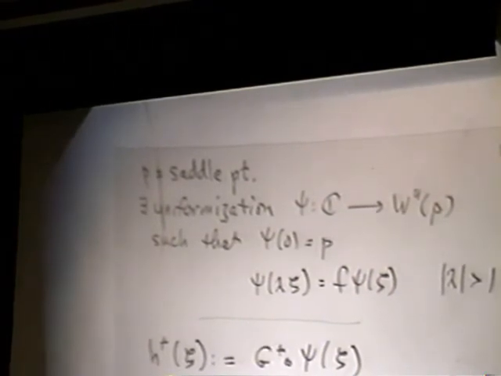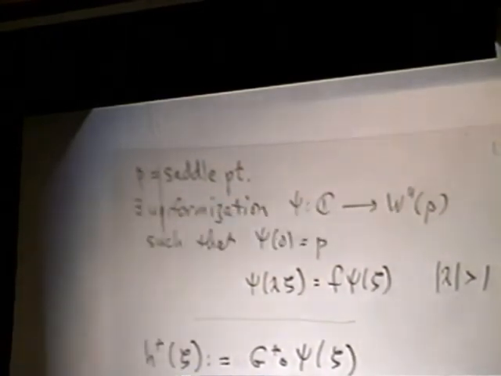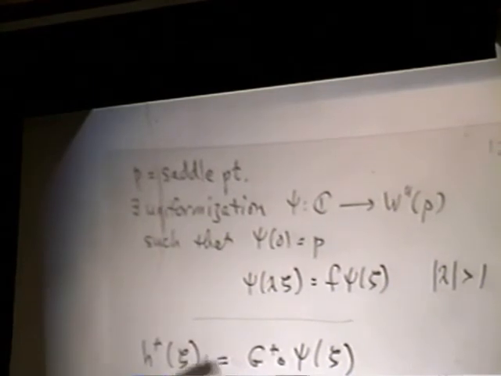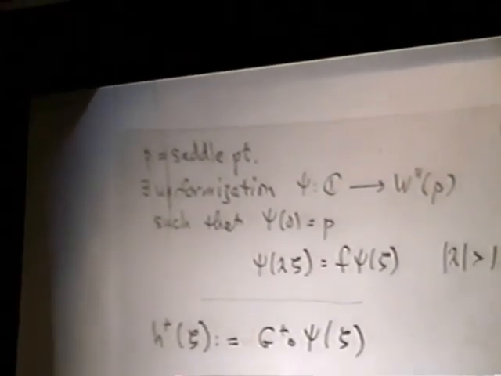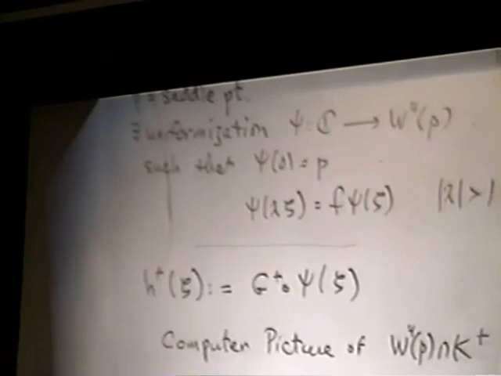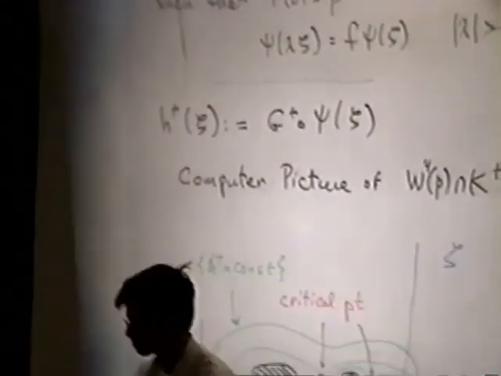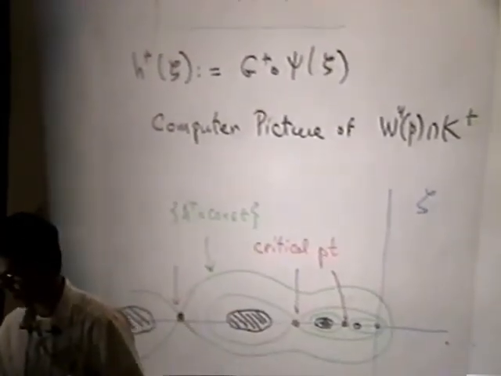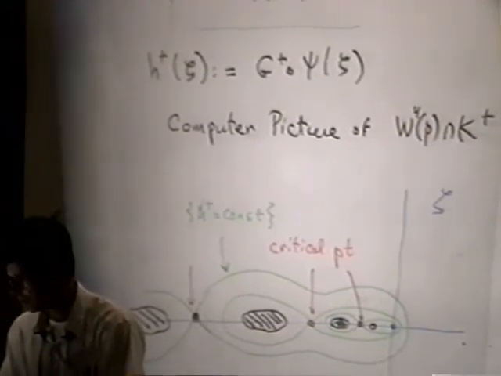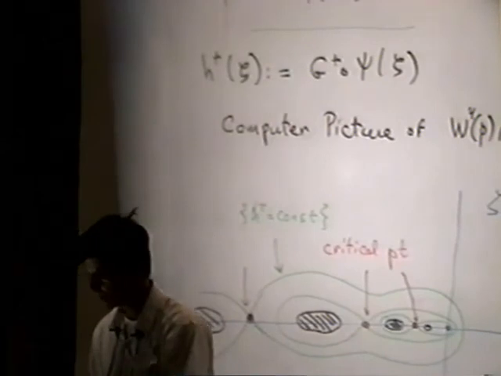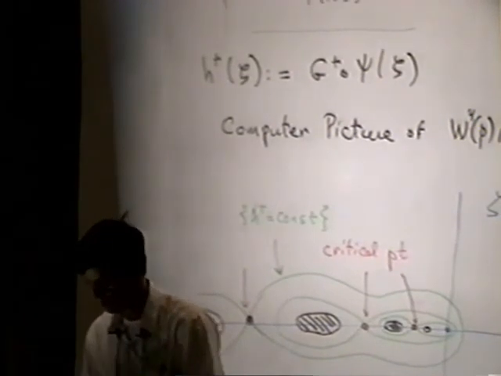So we're going to be interested in pulling our work on the unstable manifold back to C, and that means we can take the function G plus and pull it back to the complex plane via the mapping psi. One thing we get out of this is we can draw a computer picture of the intersection of an unstable manifold with K plus.